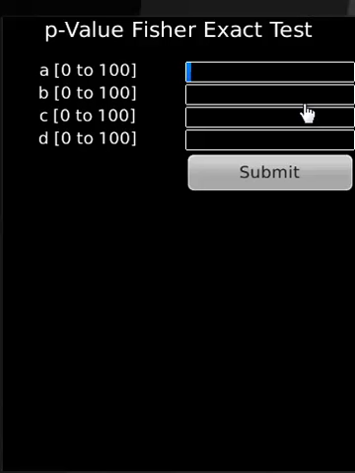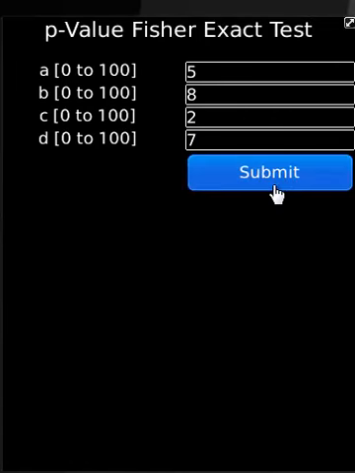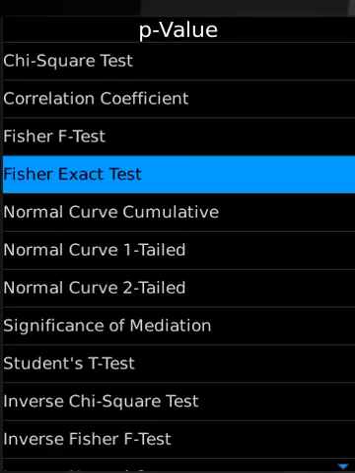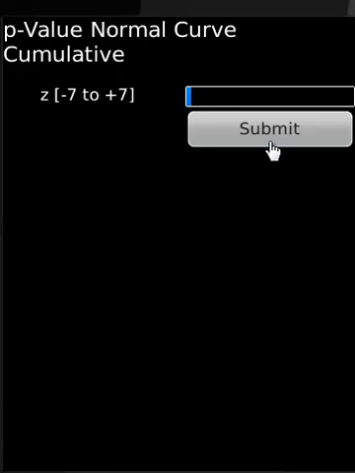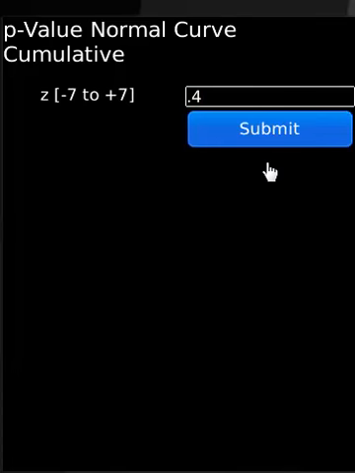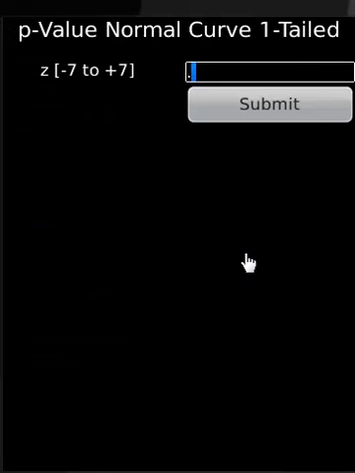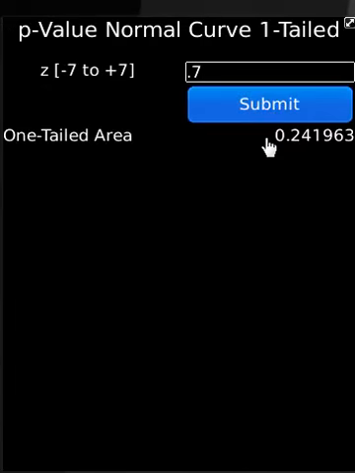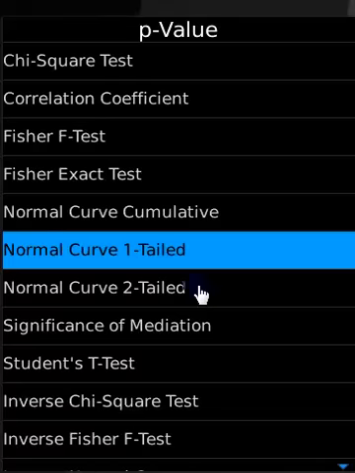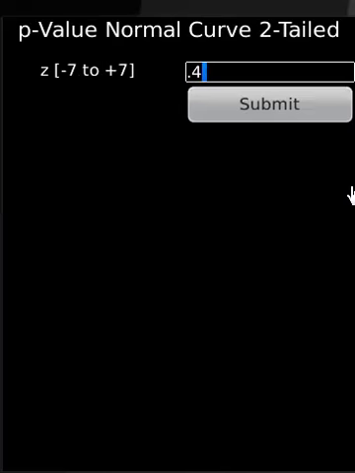Fisher exact test, so 5, 8, 2 and 7. Let's see. Normal curve cumulative, so supply the G and you get the cumulative area, then supply G and get 1-tail area, and supply G and you get a 2-tail area.